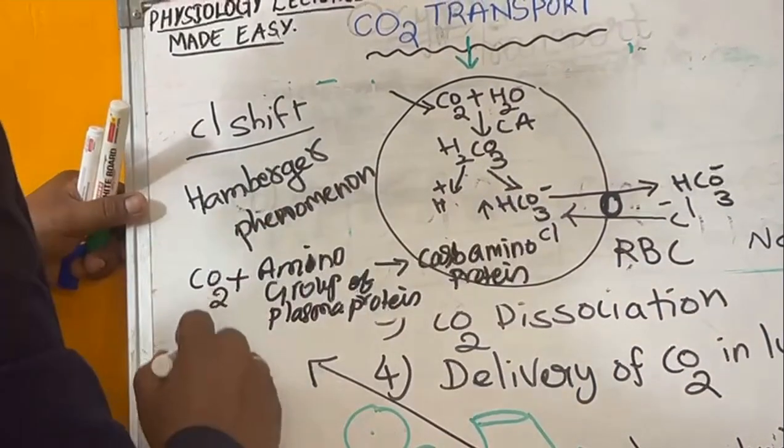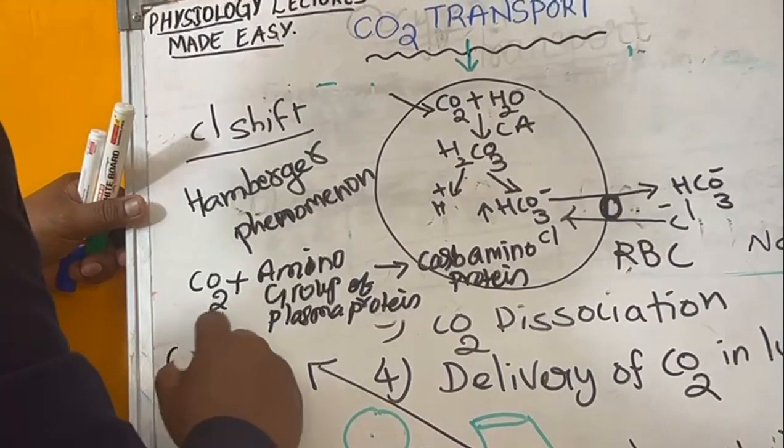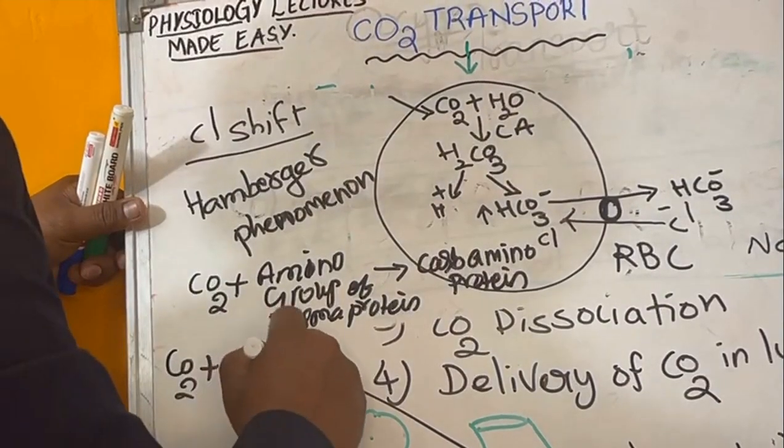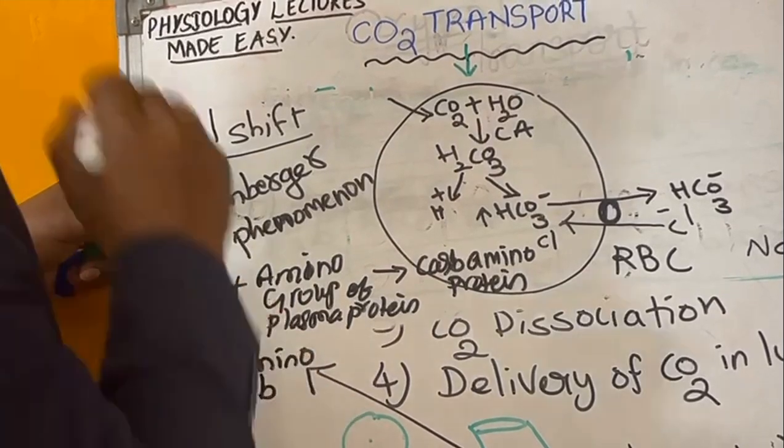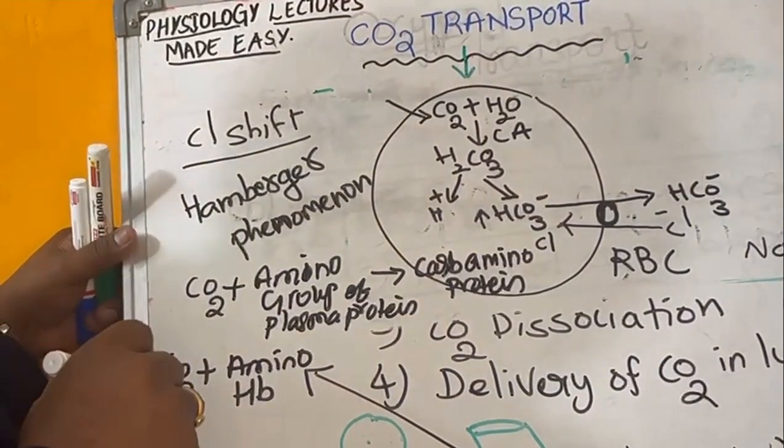The other one is carbon dioxide combining with the amino group of hemoglobin. This forms carbaminohemoglobin.